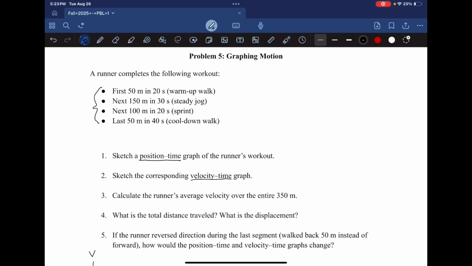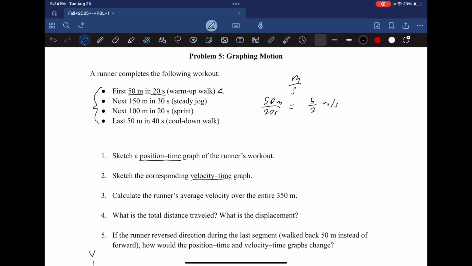Velocity has units of meters per second. You can see with each of these, we have meters and seconds. So you can reason to yourself that for the velocity for this first part, we're going to do 50 meters divided by 20 seconds. This is going to simplify to 5 over 2 meters per second.